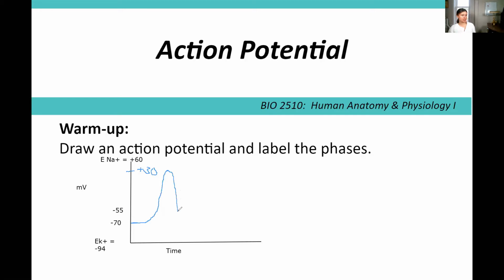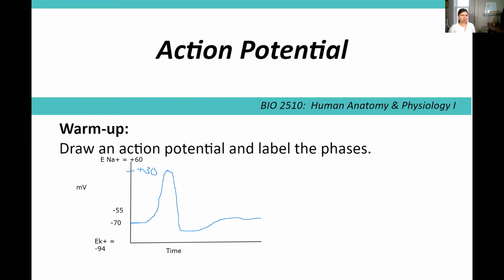At the same time as those sodium channels are closing, our potassium channels, which were also on a time delay, are opening. So during this phase, sodium is no longer coming into the cell. The reason we're getting negative is because we have potassium flowing out of the cell. Then we overshoot a little bit, so we get a little below -70, and eventually we come back up to our resting membrane potential.